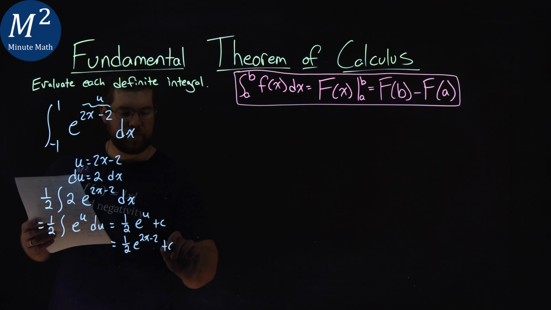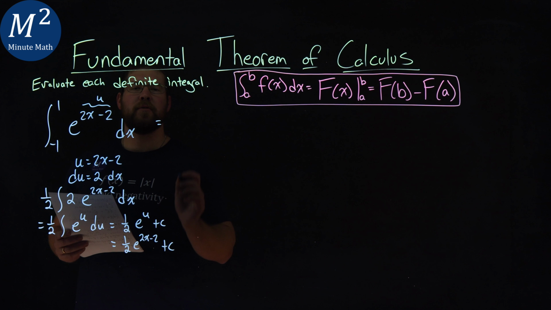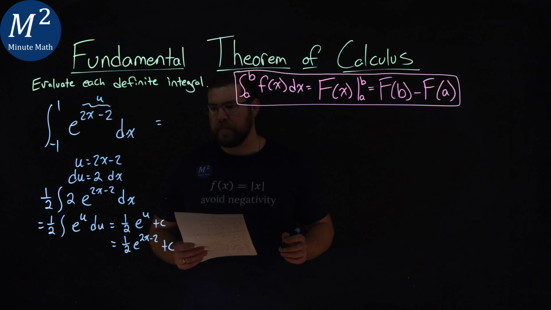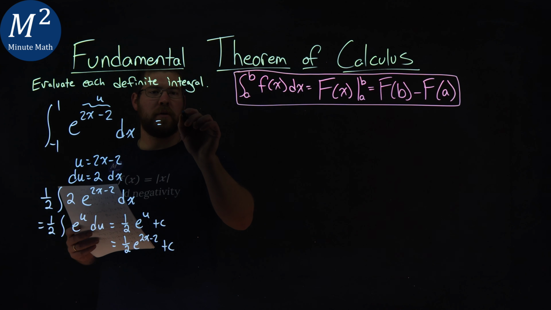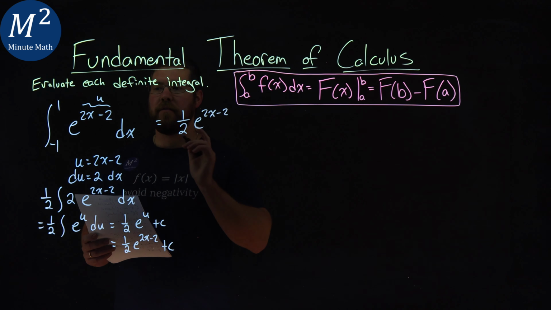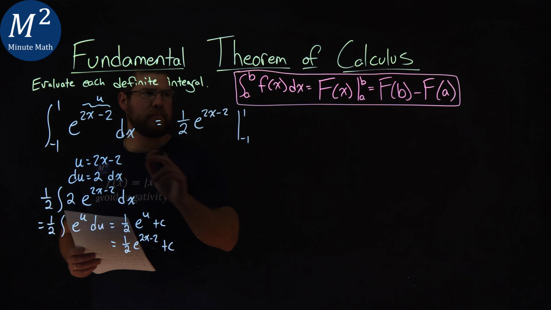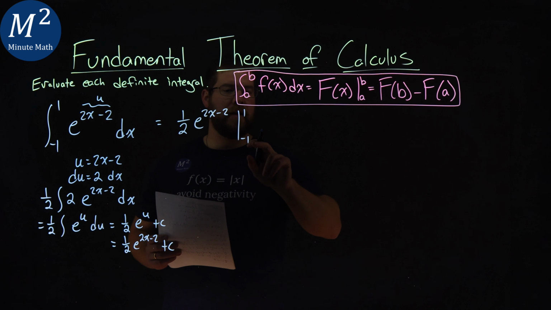We're going to take that knowledge and apply it to our definite integral. So we have a definite integral of 1/2 e to the 2x minus 2, but instead of the plus c, remember we're doing this from negative 1 to 1. That's our b value and our a value here.